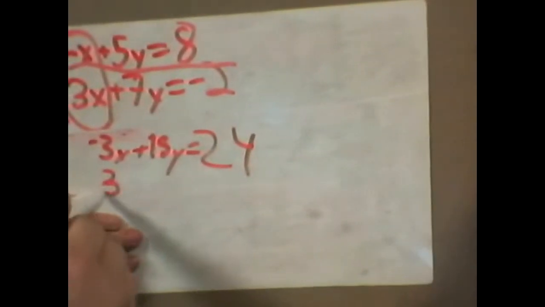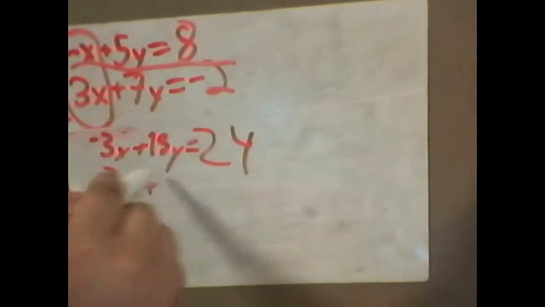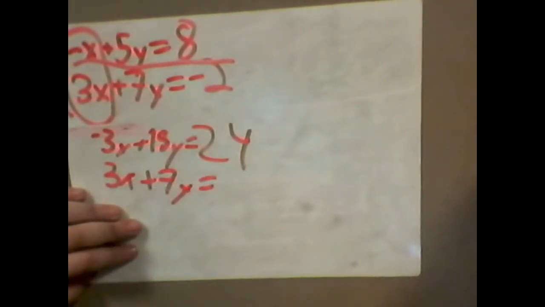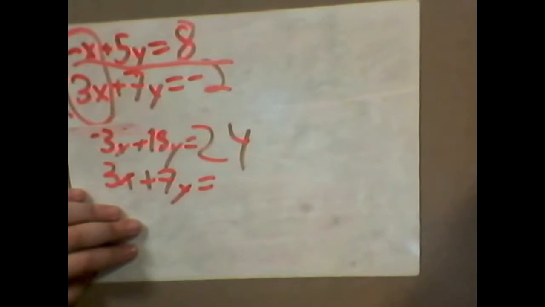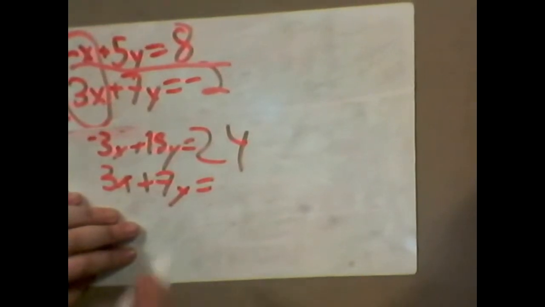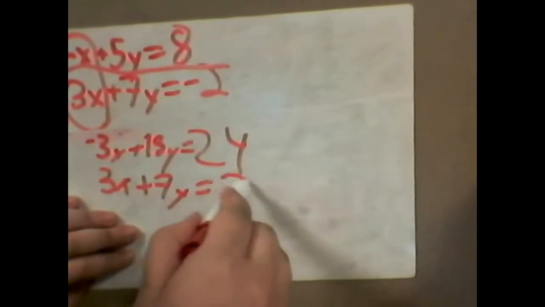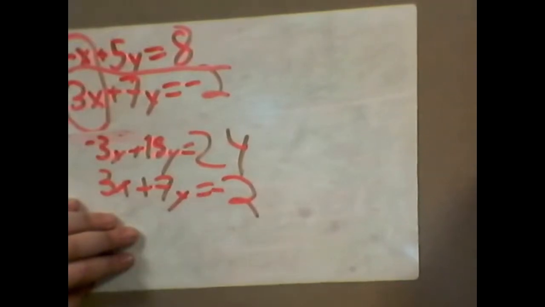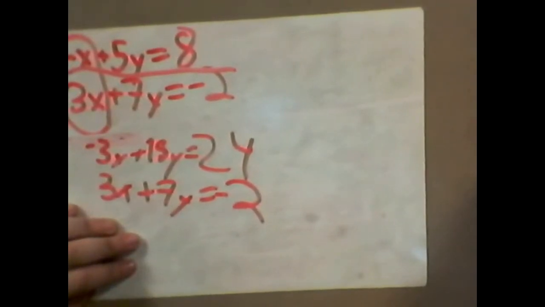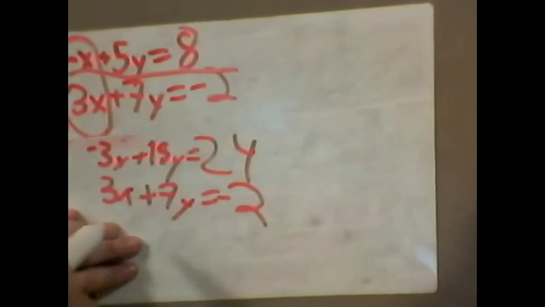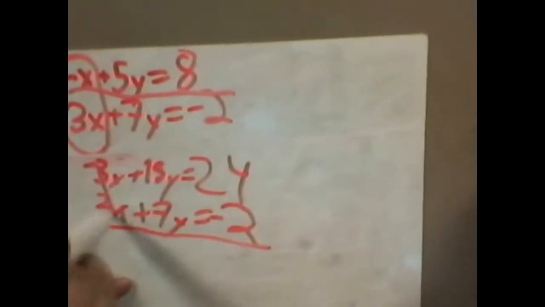And then we just carry this over, 7y equals negative 2. So then we just do the math.